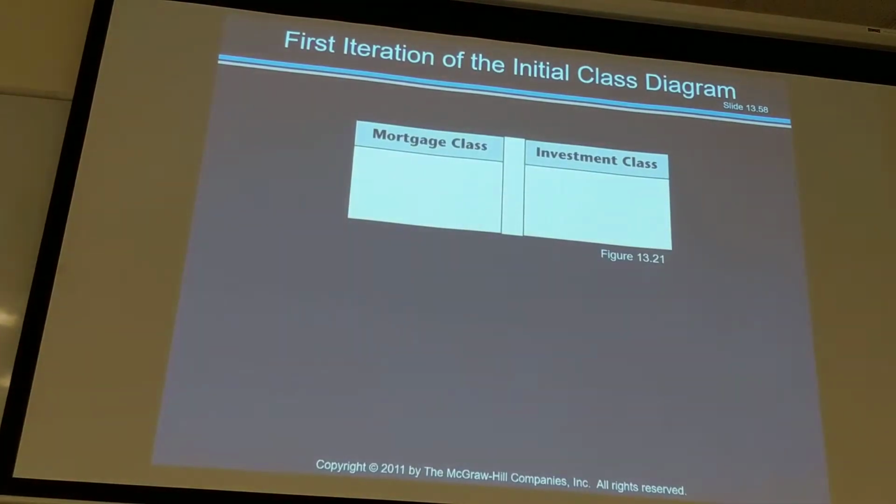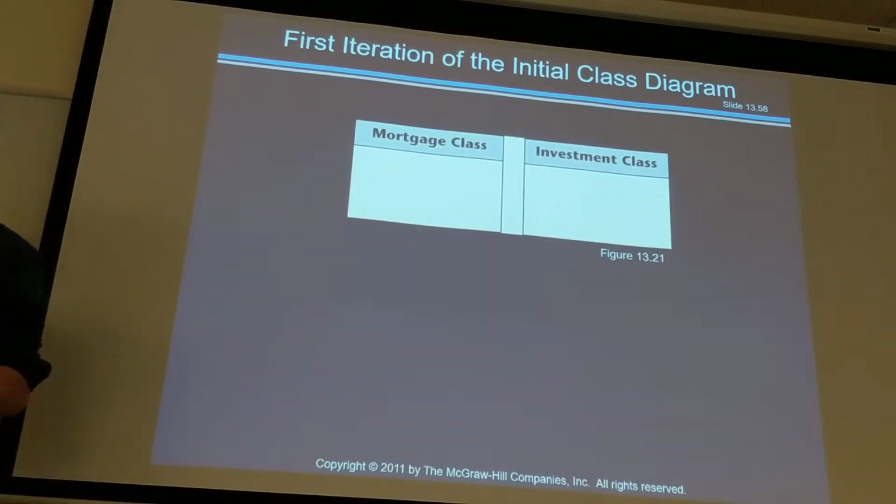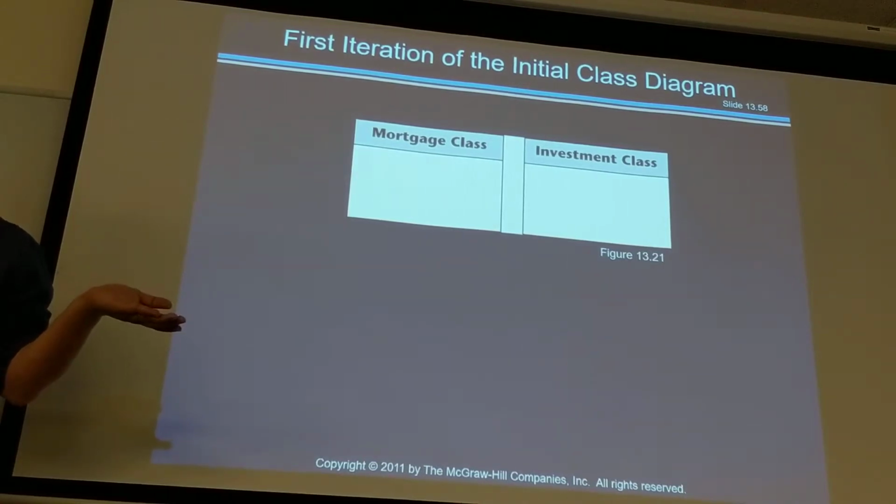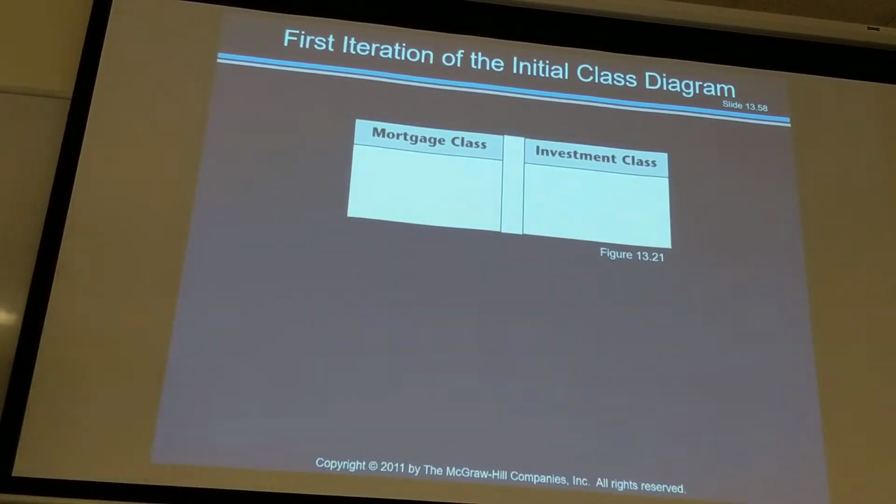Then we actually start with something very simple, say, okay, guess what? I think the long-running information in our system is only two things: mortgage or investment. For anybody in the mortgage investment business, this is actually their fundamental information, right?